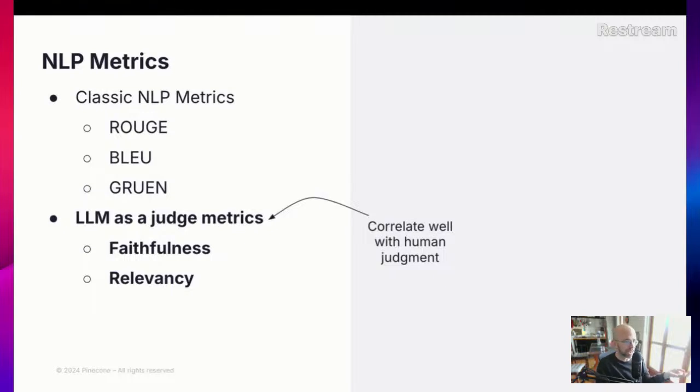So if I can use an LLM and the answers I'm getting are pretty close to what I would have gotten from a human, then I'm doing something right. I would just note that this is not always true. Even though it is known to correlate well with human judgment, you still need to make sure of it for your specific use case.